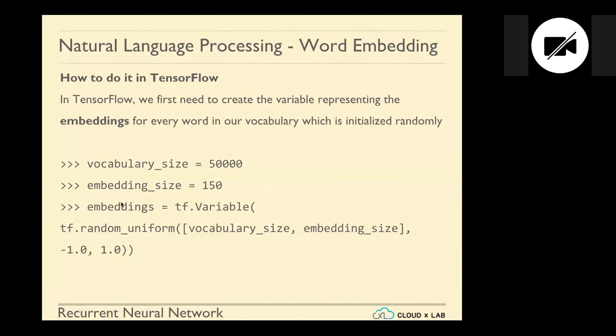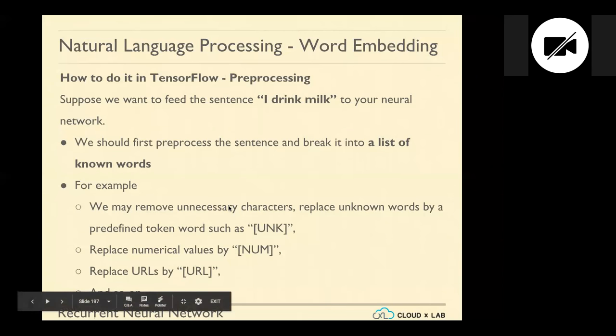Now again, notice that the total number of rows is the vocabulary size. For each word, we are coming up with a 150 size vector. And the range is from -1 to 1.